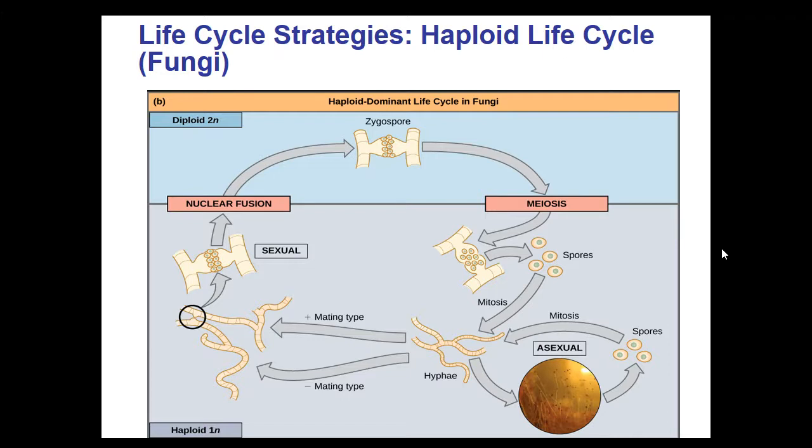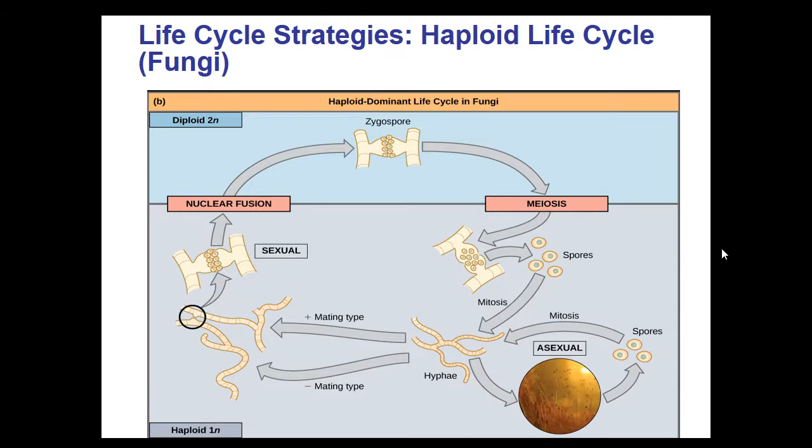But the only diploid part of the whole life cycle is this. It's called a zygospore, and so when the sperm and egg come together, they form this diploid zygospore. But it doesn't grow into an adult. It immediately undergoes meiosis to reduce the number of chromosomes in half.